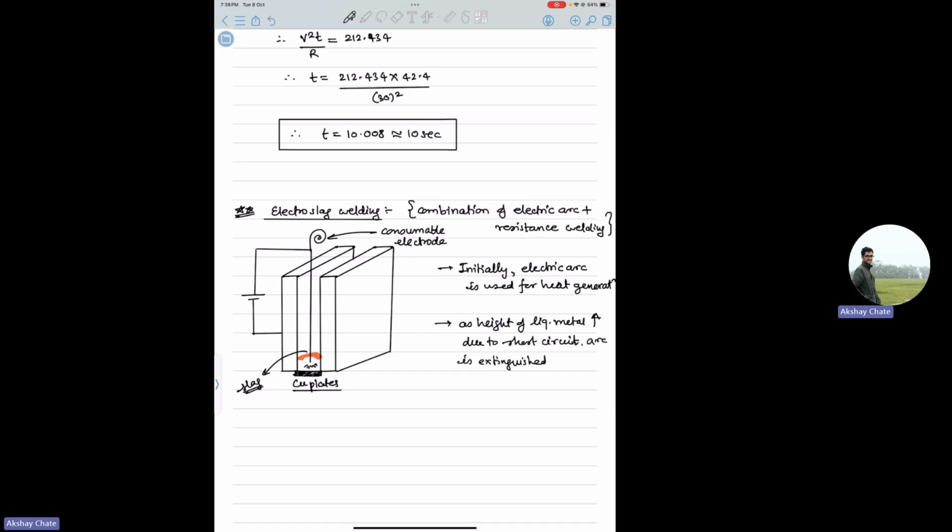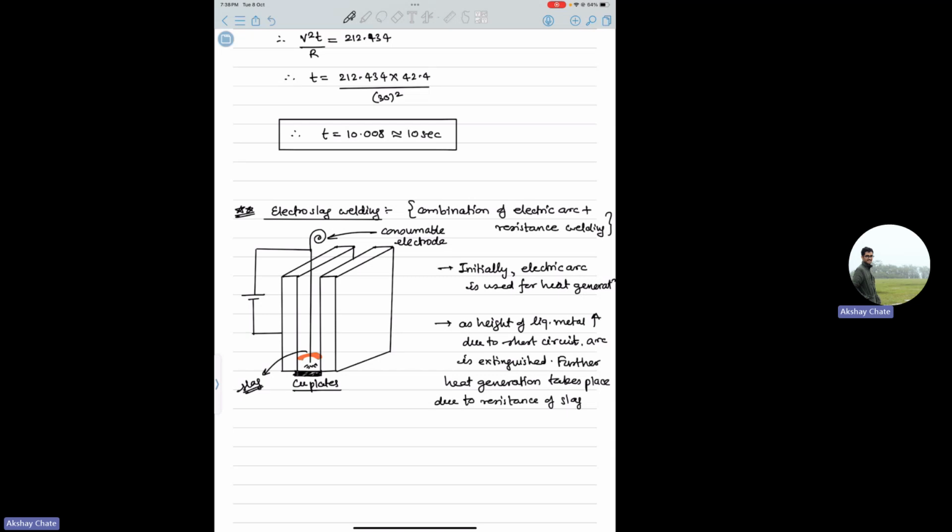It gets extinguished, and then further heat generation takes place due to resistance of slag.